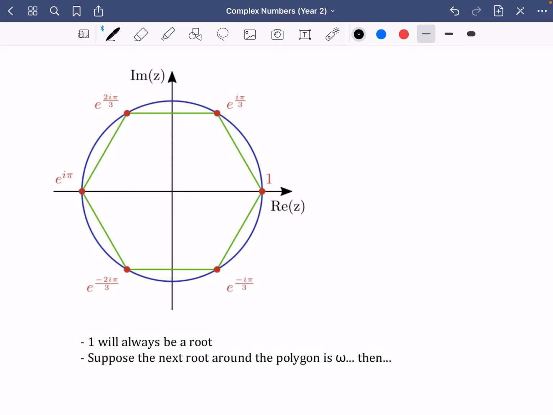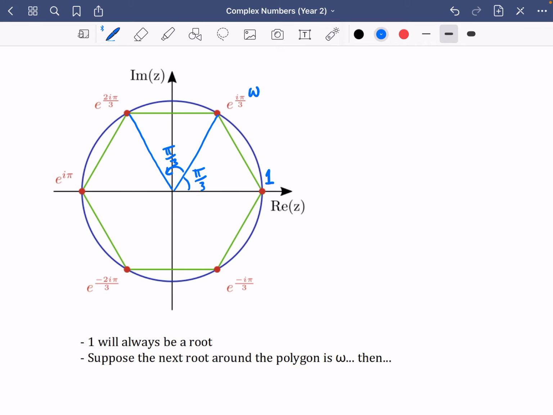The other thing, though, I'm going to start doing is I'm going to say, suppose that the next root around the polygon is called omega. So this one is 1. I'm going to call this one here omega. And then I'm going to try and think about how I get to the next one. So this angle that I've got over here is pi over 3. And then to get to this next one, we are moving around the circle another pi over 3.